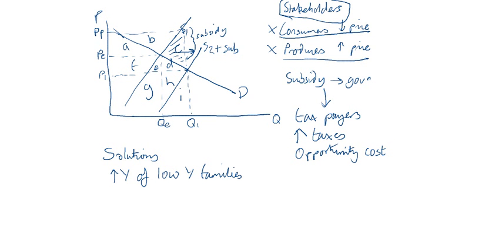Okay, so you could do this by increasing the benefit that they get, or lowering the taxes that low-income families have to pay. Therefore, they're going to be able to afford the food.